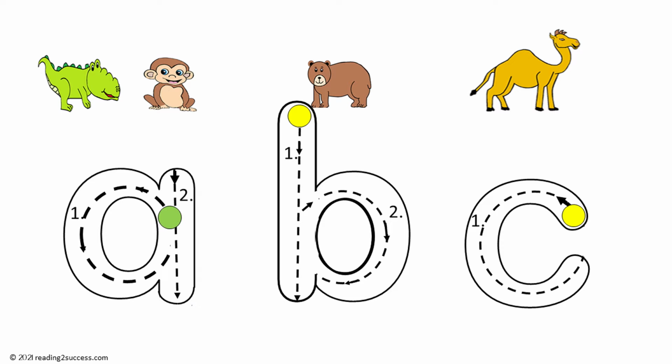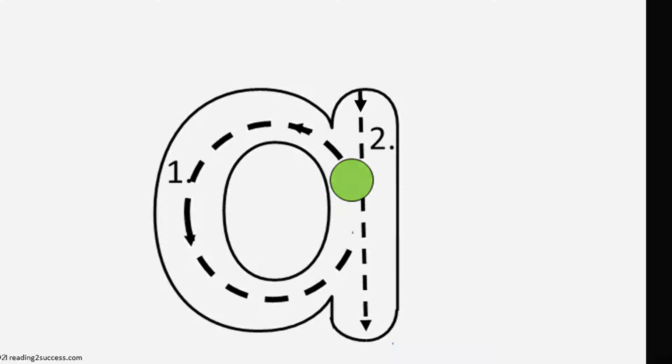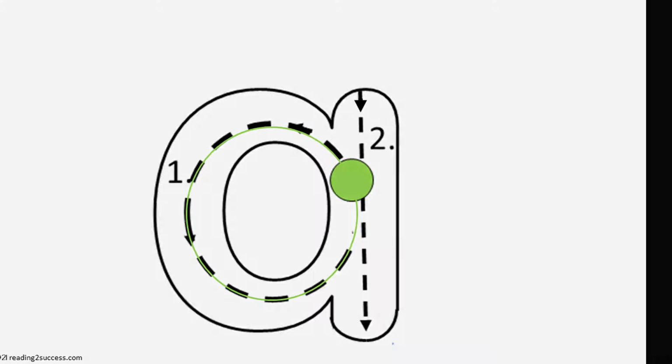Now have kids trace over the dotted lines according to the numbers. Start with the example of letter A. Have kids begin at the green dot and follow along the curve next to the number 1.